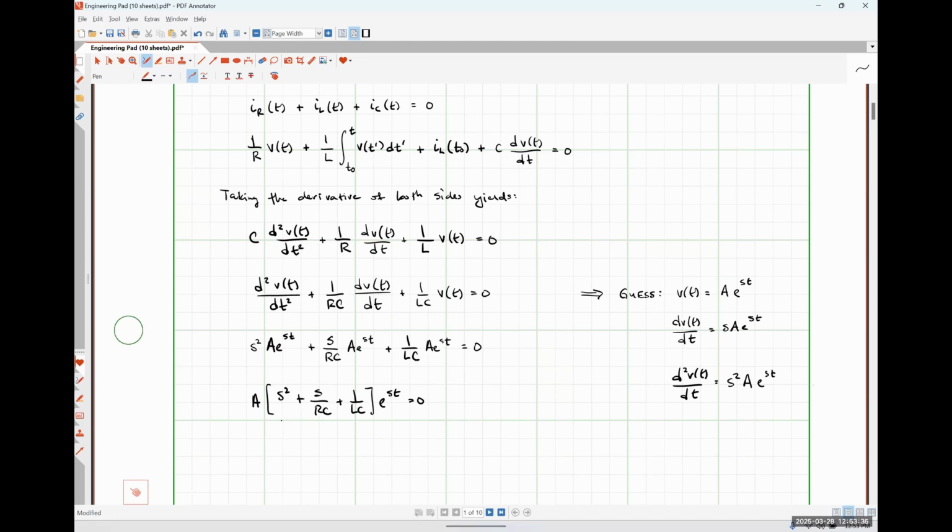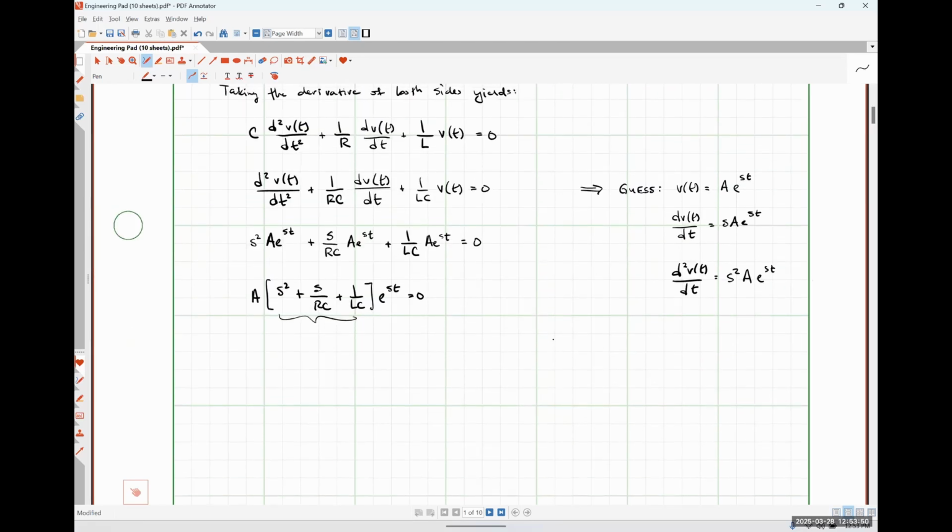Really, what I'm trying to figure out is what makes this guy in the middle here equal to 0, and that will give me my eigenvalues or my natural frequencies for this system, just like we did with our first order system, right? So I'm going to set this middle term equal to 0.